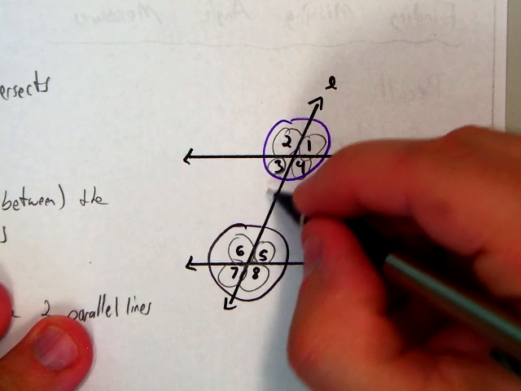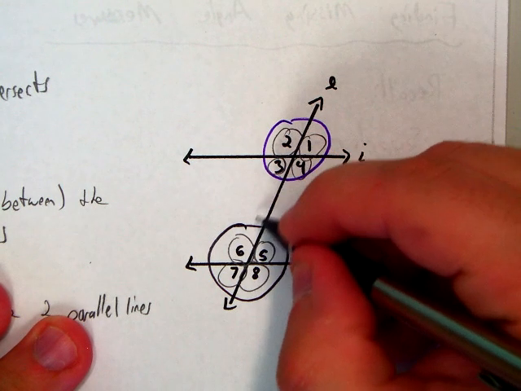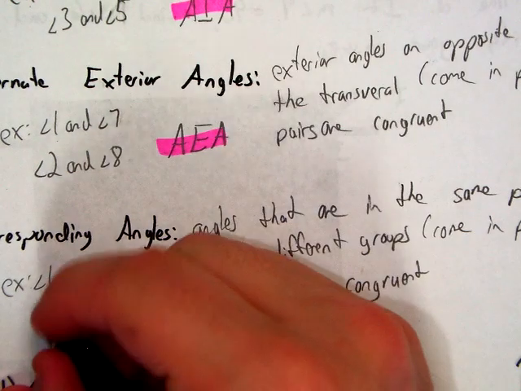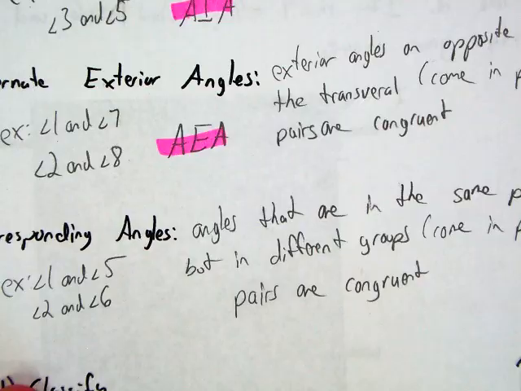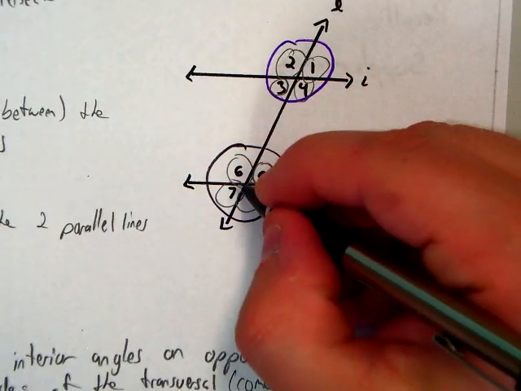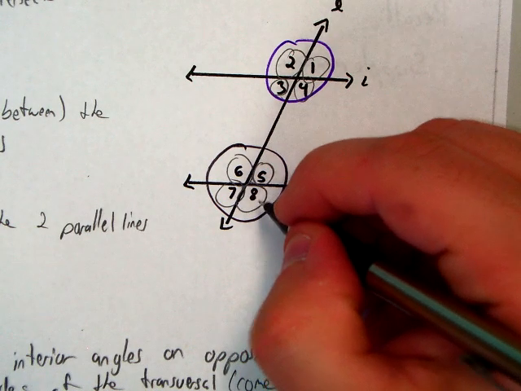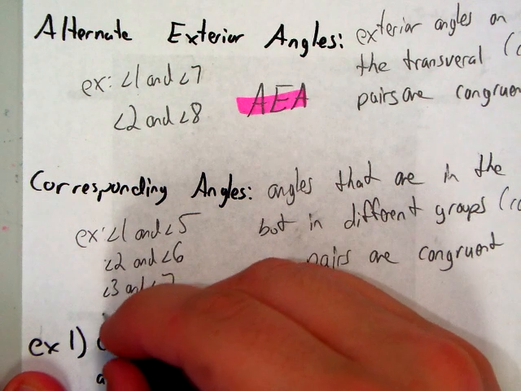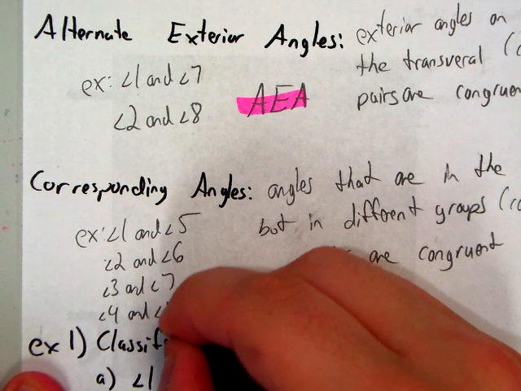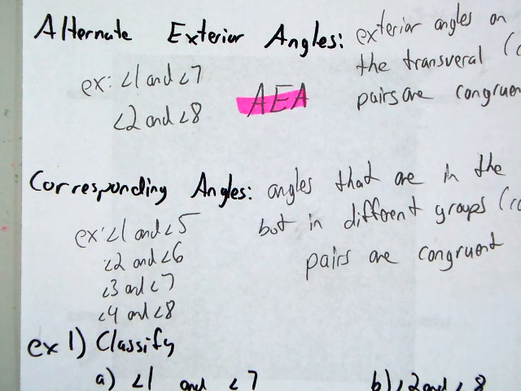Going back up here again, 2 and 6 are in the exact same position in different groups. Same thing with 3 and 7, and then 4 and 8. These we can't abbreviate because CA, we're going to learn, could also be talking about complementary angles.